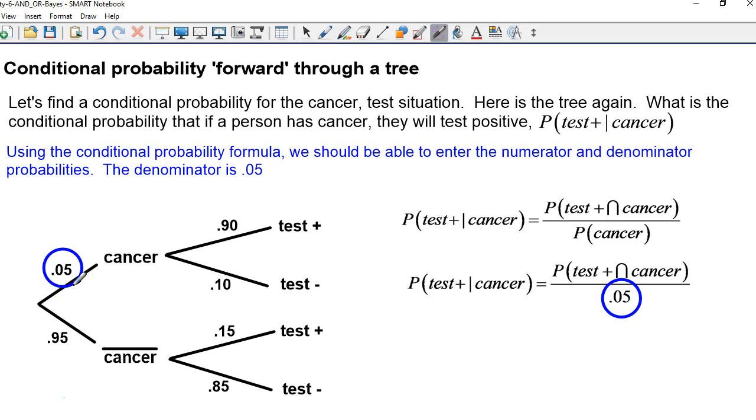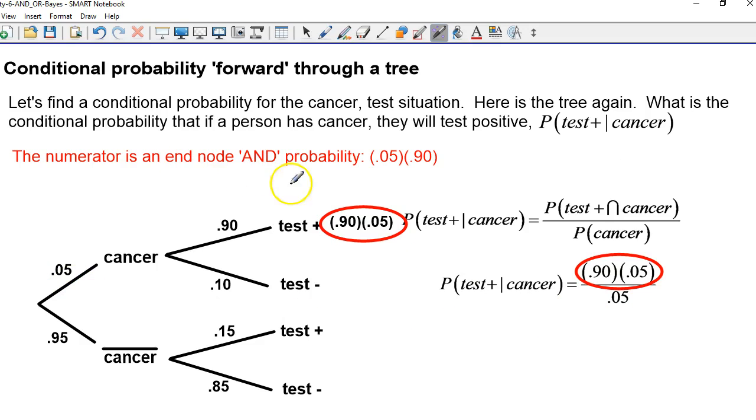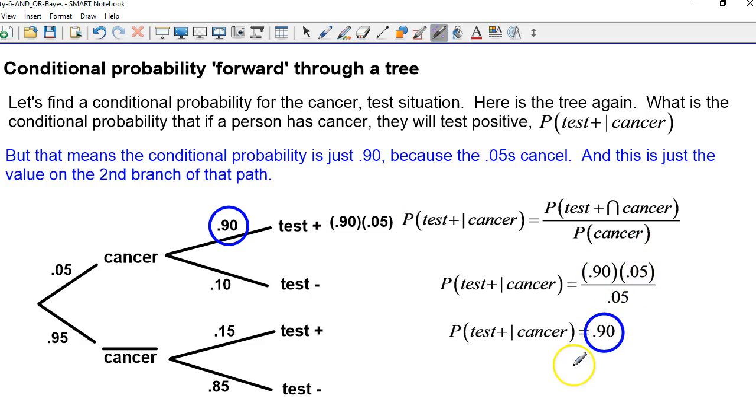It's this one that I have circled here. That would be the denominator of the fraction. And then the numerator is the AND node, the probability of testing positive and having cancer, which would be 0.9 times 0.05. So it would be 0.9 times 0.05 divided by 0.05. The 0.05s are going to cancel and leave me with that the probability of testing positive given cancer is 90%.